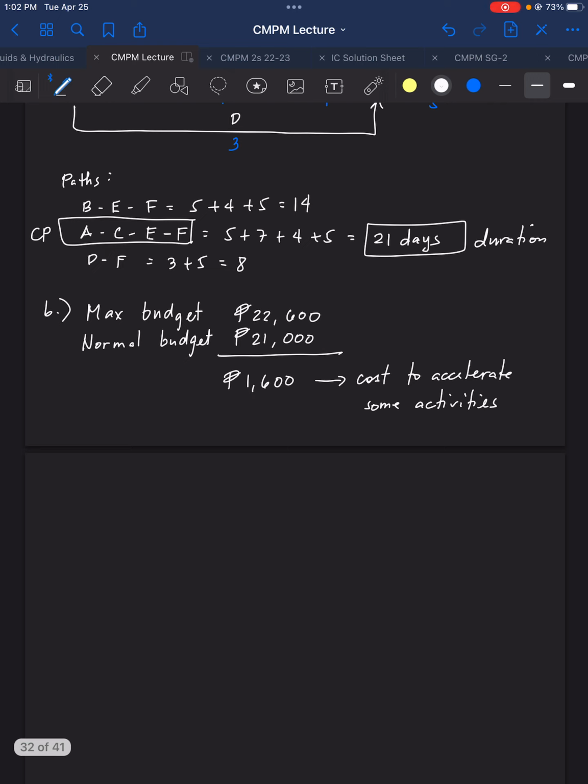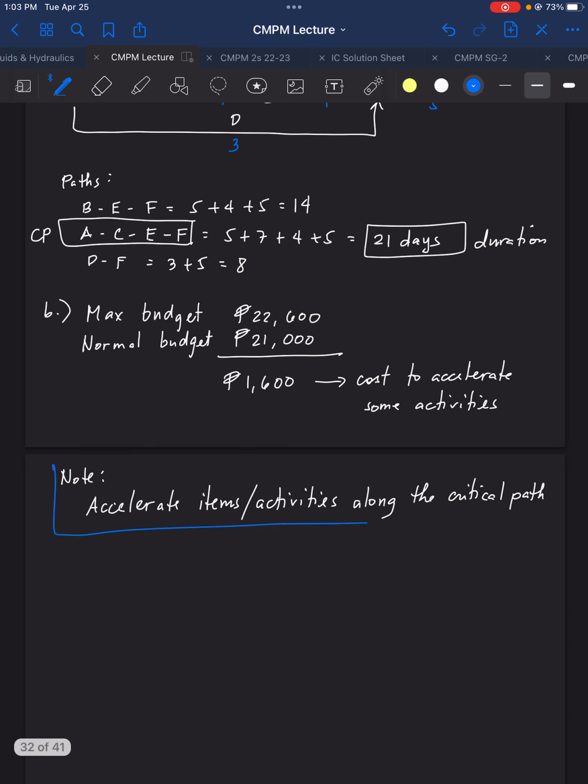Now you have to note here: accelerate items or activities along the critical path. So this is something to remember, okay? Accelerate items along the critical path.